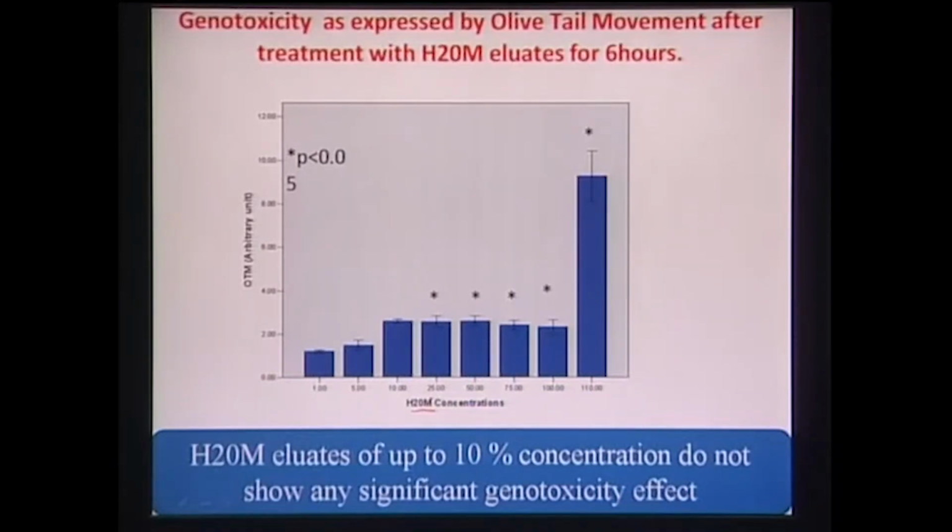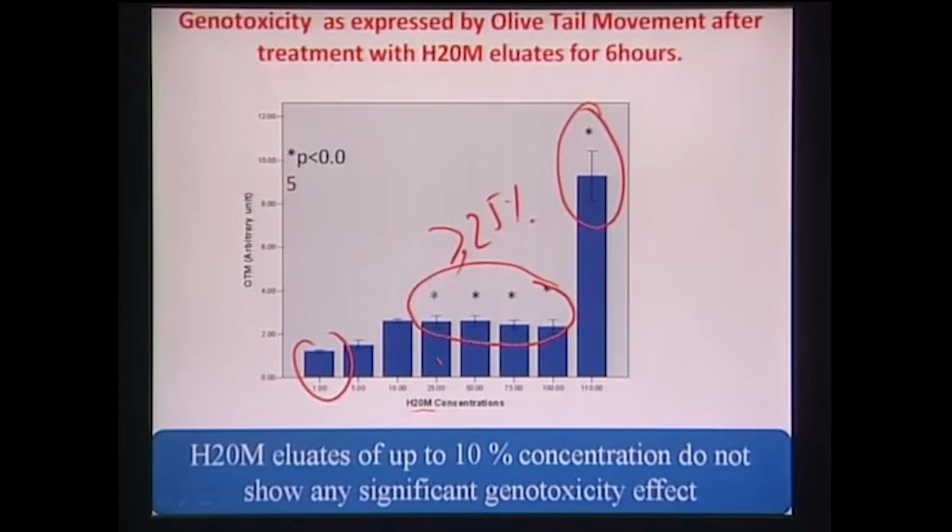Now, compared to the negative control, both these eluate concentrations greater than or equal to 25%, as well as the positive control, show statistically significant genotoxic effect, because their DNA damage length or the olive tail moment is much higher.